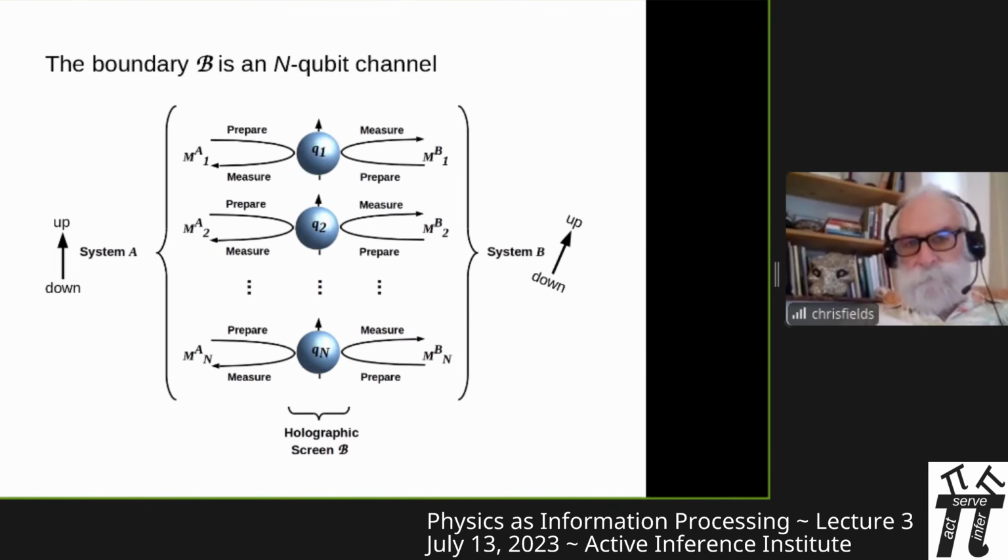And last time, we showed how to characterize this boundary, script B, as an array of some finite n quantum bits or qubits, and how to characterize the interaction of the agents A and B with the boundary as an alternating cycle of preparing and measuring the qubits in this array.